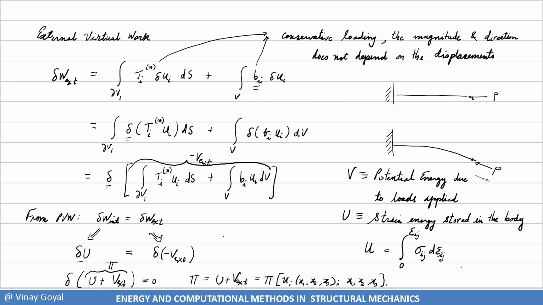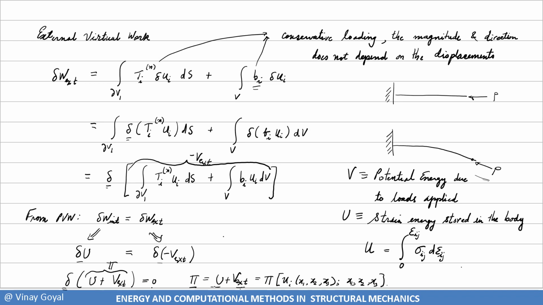So I've come up with something very interesting. Pi is the strain energy stored in the body plus the potential energy due to loads applied in the body. If I add these together, I get a functional pi. And when I set the first variation of that functional pi equal to 0, something interesting really happens.